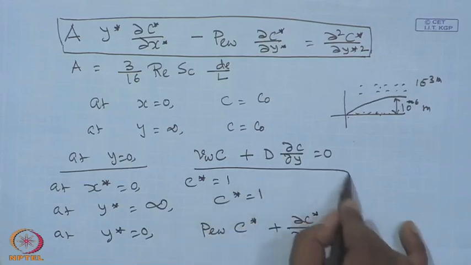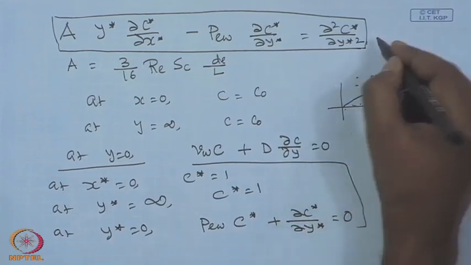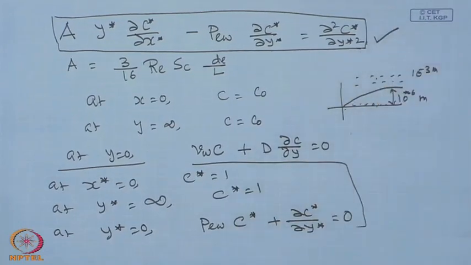So these three are the non-dimensional boundary conditions of this particular problem. Now the governing equation is a parabolic partial differential equation, and one of the boundary conditions is residing at infinity. So this problem is a suitable candidate to admit a similarity solution.